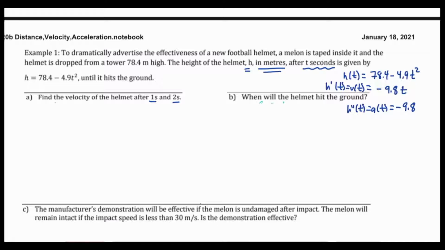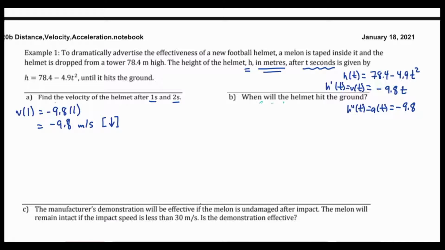Let's evaluate. Velocity as evaluated at 1 second is negative 9.8 times 1. So negative 9.8 meters per second. And what is our direction? Down. You can write the word down, or honestly, I just write the arrow pretty often when I'm answering questions like this.